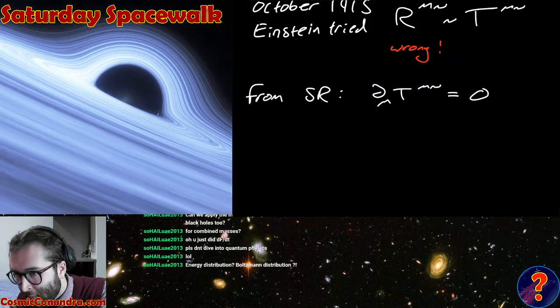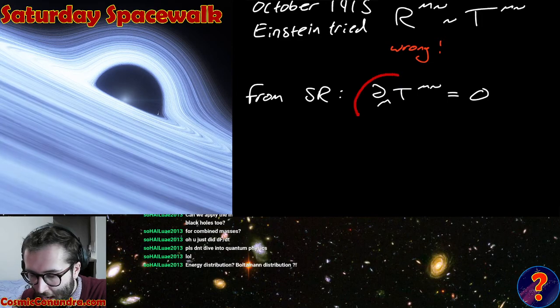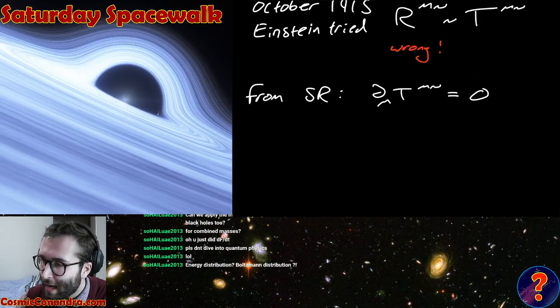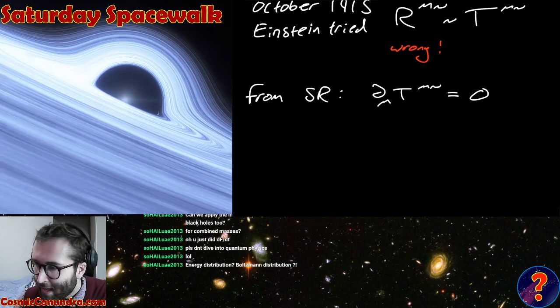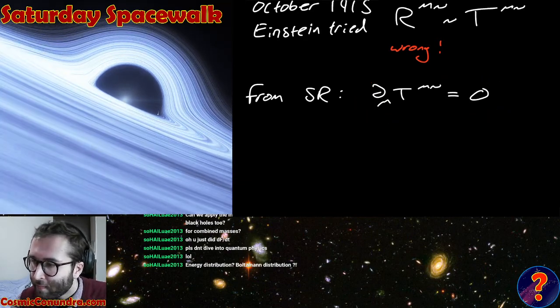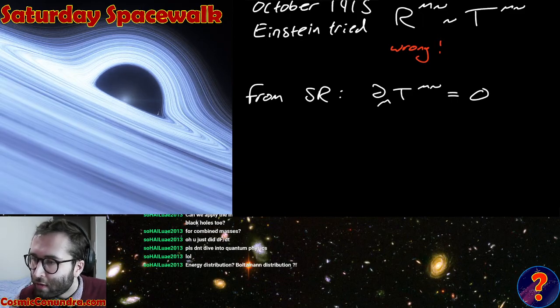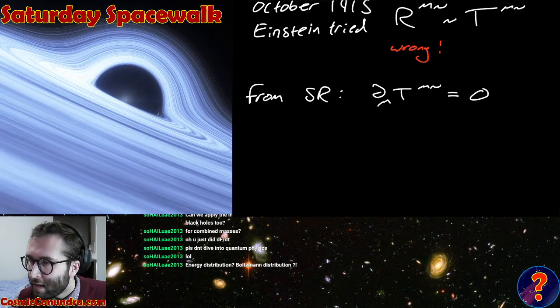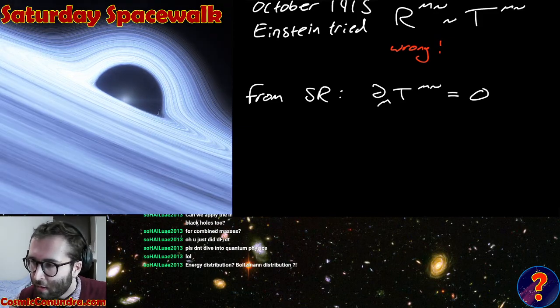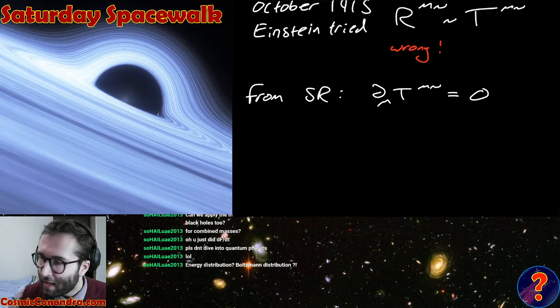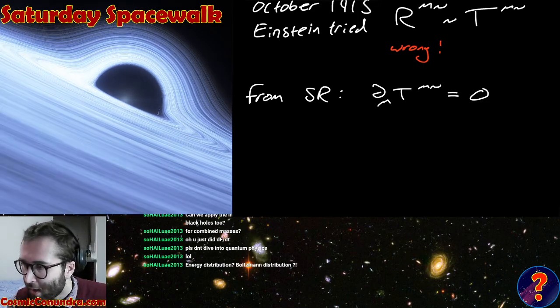Within it, if you work out all of the components, it contains statements about conservation of mass and conservation of momentum. You can produce from this in special relativity the Euler equation, which describes conservation of momentum of a fluid, and you'll also get a mass continuity equation.